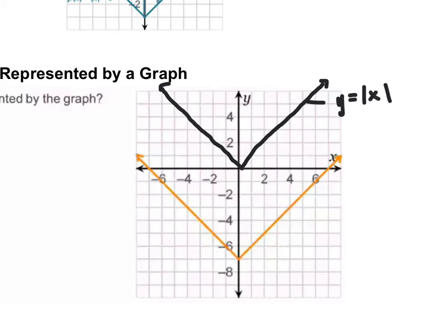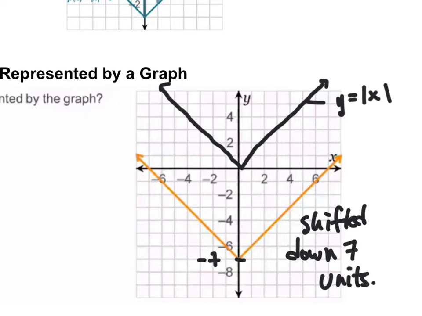Now, how did I go from my parent function down to here? The distance from the bottom of the V to this point has a value of -7, so this has been shifted down 7 units.